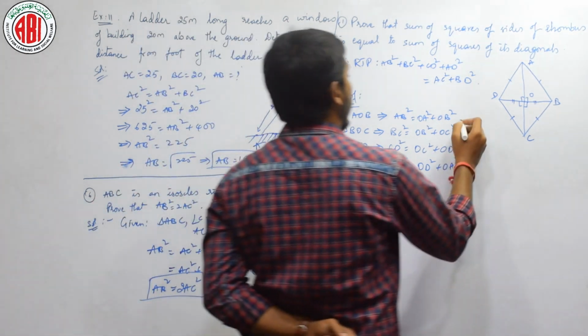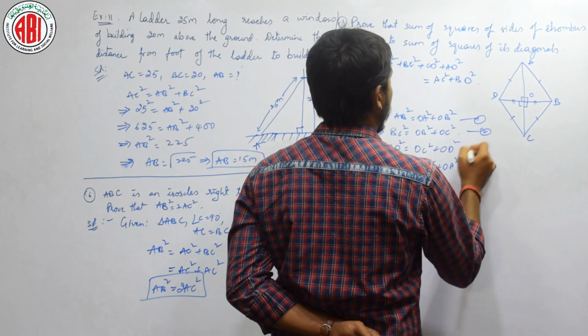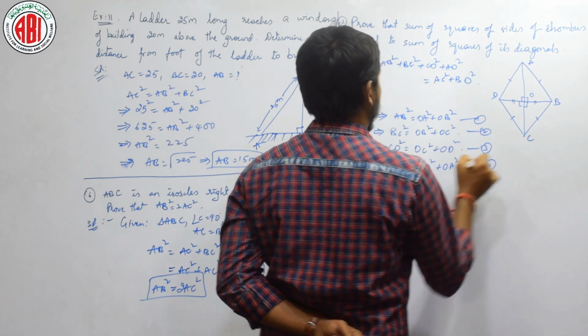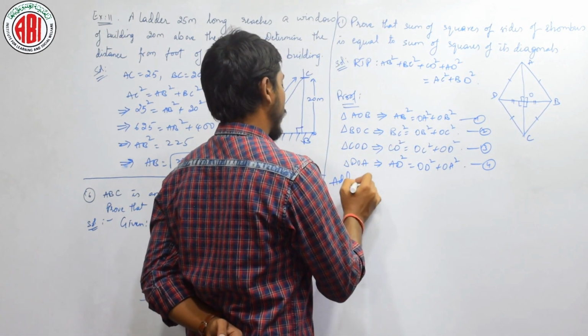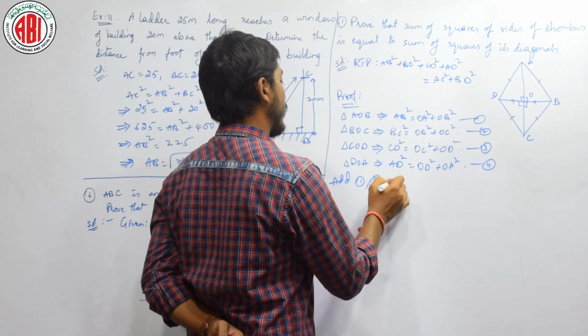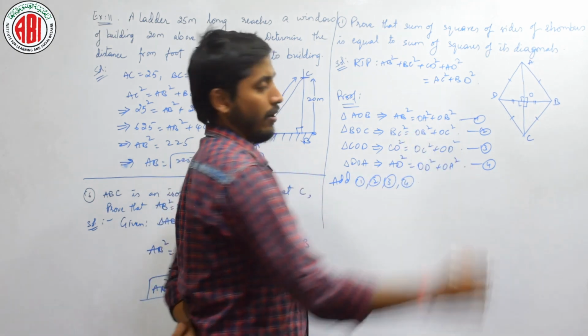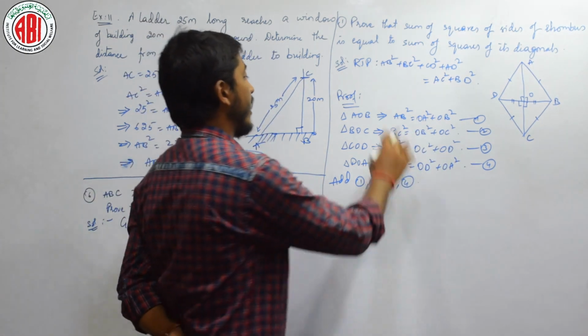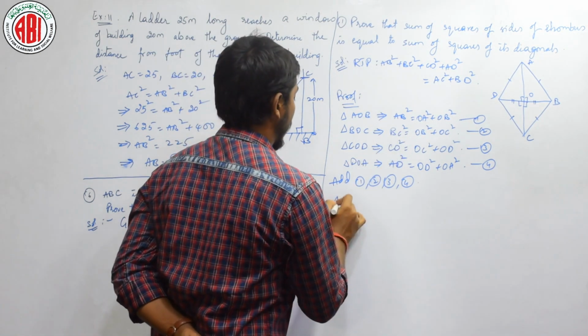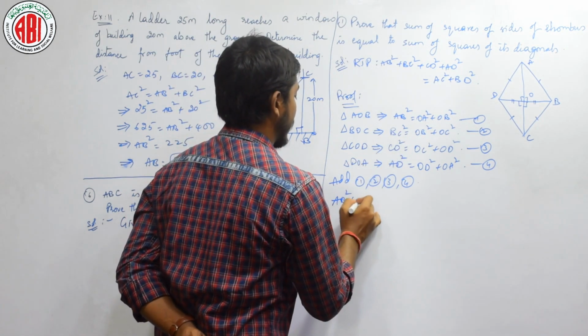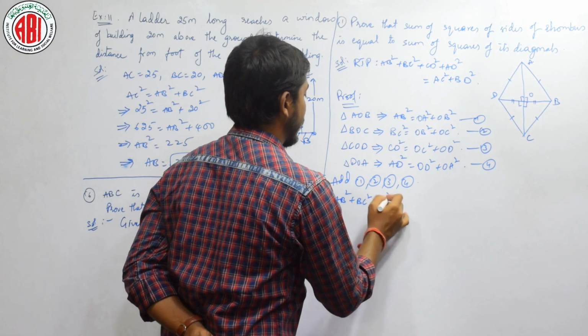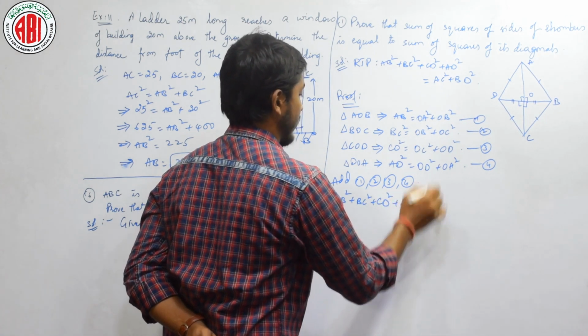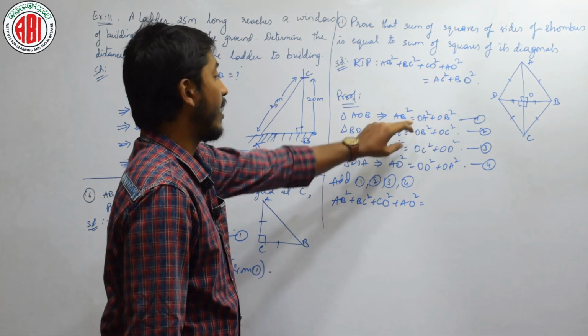Let us add all these equations. Let us add 1, 2, 3 and 4. What are we going to get on left hand side? All the things, AB square plus BC square plus CD square plus AD square is equal to, we have to add all these.